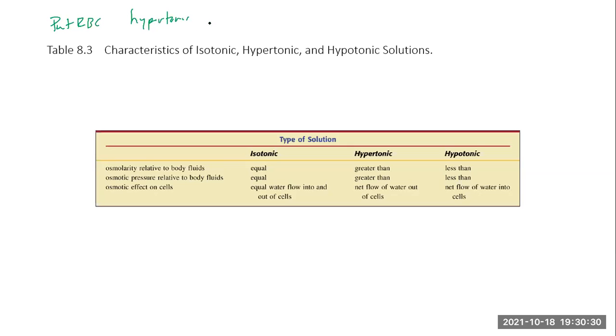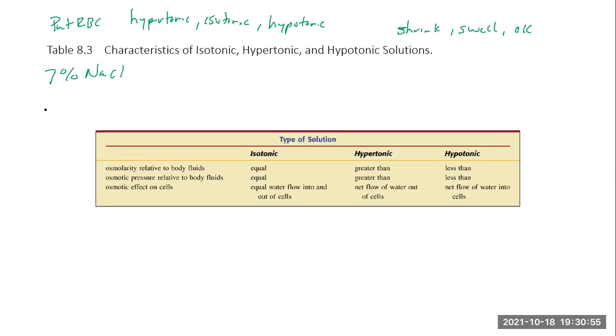Is it isotonic? Is it hypotonic? And what will happen to the red blood cell? Will it shrink? Will it swell? Will it be okay? So let's say we put the red blood cell in a 7% sodium chloride solution.